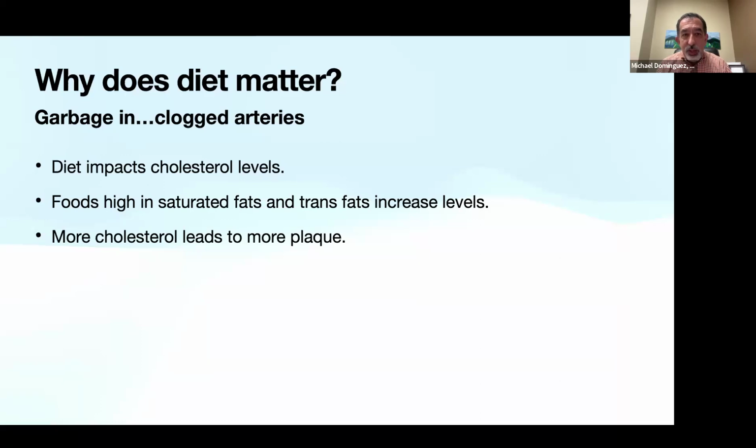Foods high in saturated fats, so lard, and trans fats increase your LDL and increase the risk of clogging up your arteries. My wife, as Heather mentioned, is also a physician. One of her sayings to her patients is, if it tastes good, spit it out. So things with lots of lard, lots of butter, not the greatest for our hearts.